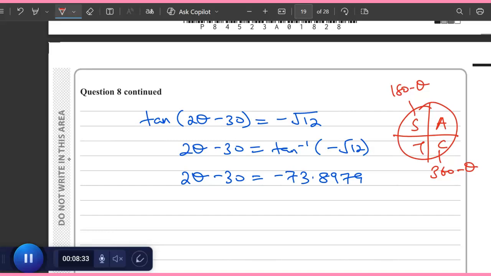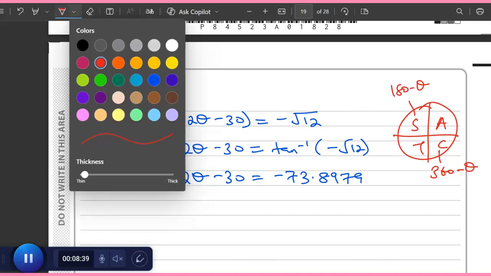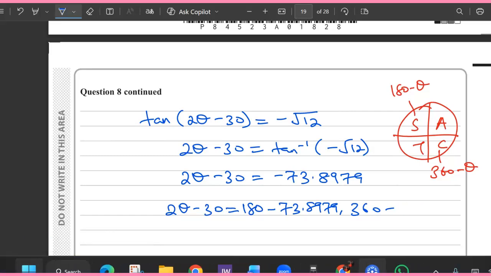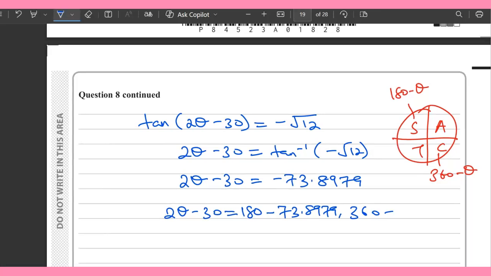Remember, the negative shows the quadrant in which tan is negative, so therefore we can have 2 theta minus 30 equals 180 minus 73.8979, and also the corresponding angle in the fourth quadrant will be 360 minus 73.8979.